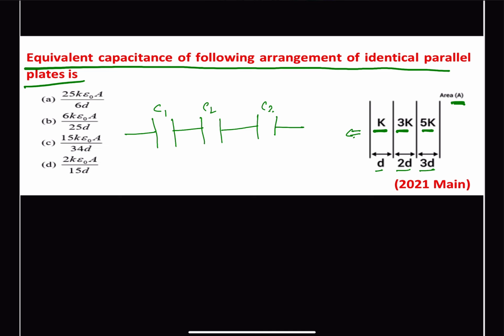The dielectrics are K, 3K and 5K, the distances between plates are D, 2D and 3D, and the area of the plates is entirely the same. So all these capacitors are connected in series. We just find the equivalent capacitance.